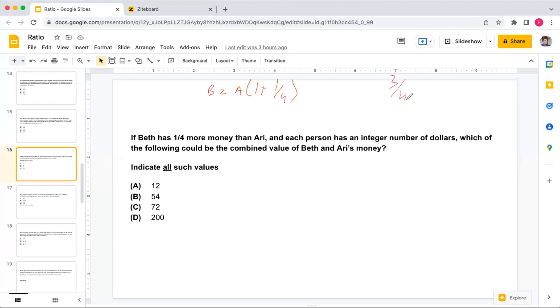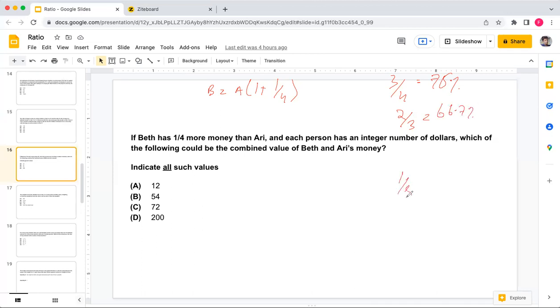So what is 3/4? 75%. Yep. Okay, so what is 2/3? 66.67%.